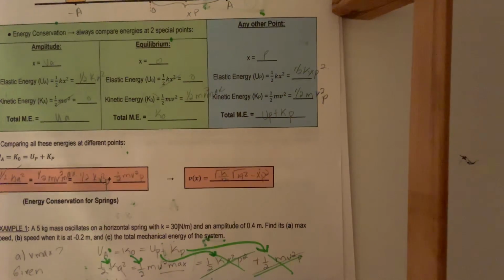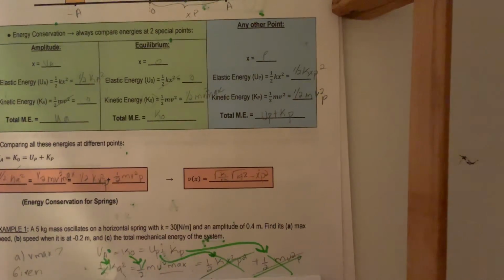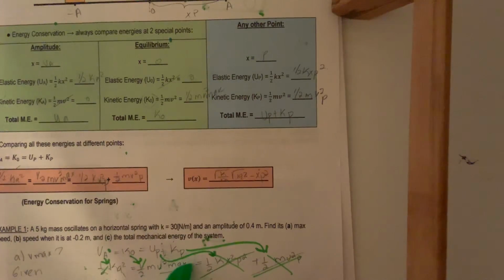In this particular example, first of all, we're going to cancel the 1/2 because they are the same. So we're left with kA to the second power, which is amplitude, and m v max to the second power. We move the mass to the other side, and then we take the square root of both sides.